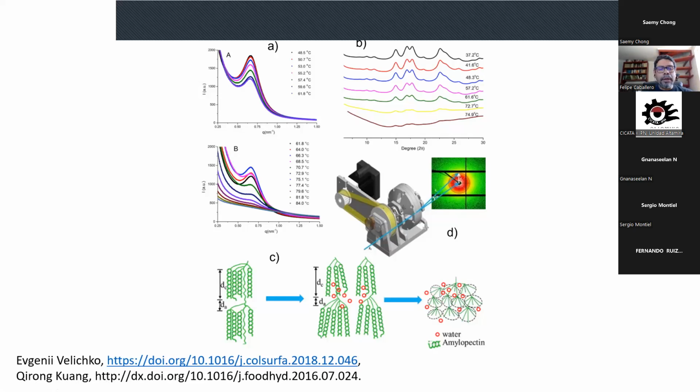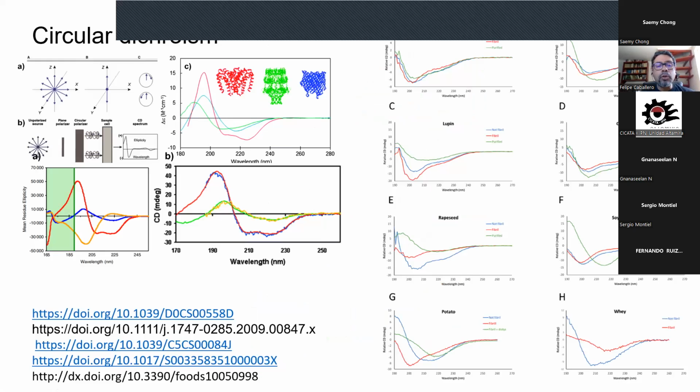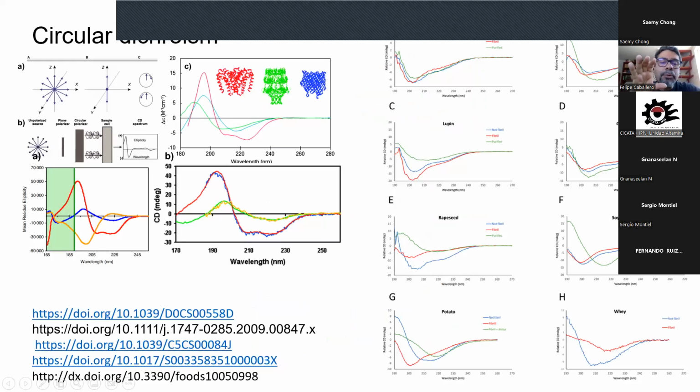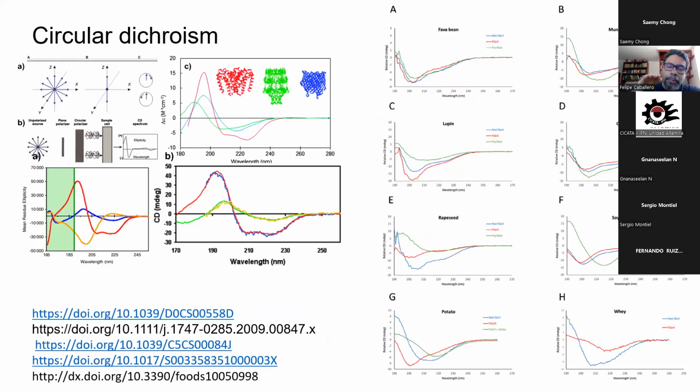There is another technique that is very common to study proteins in plant-based meat analogs, that is circular dichroism. Circular dichroism is based on the differential light absorption when you change the polarization. You know that electromagnetic waves can have planar or circular polarization.